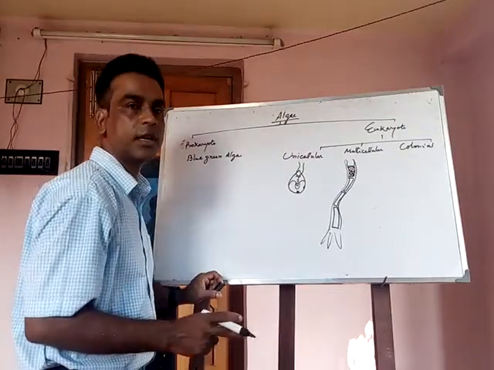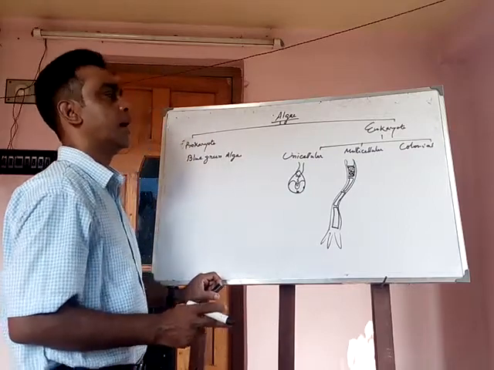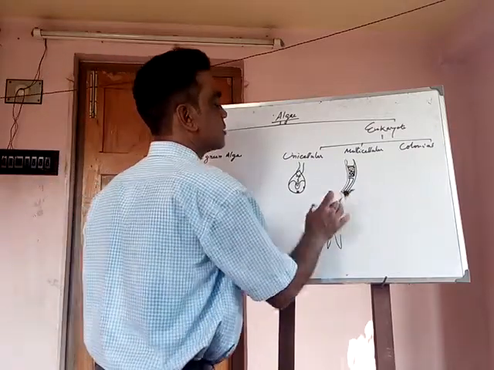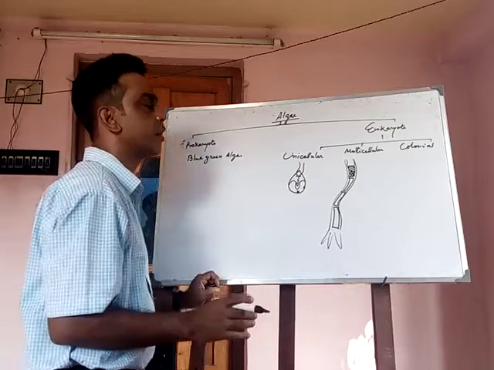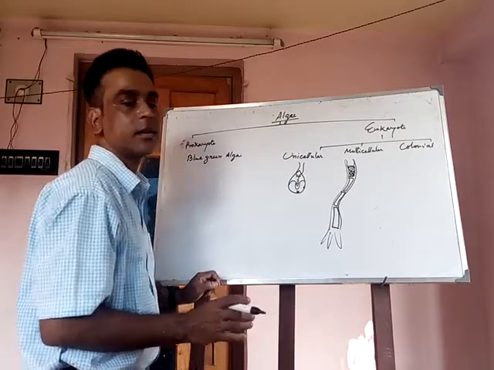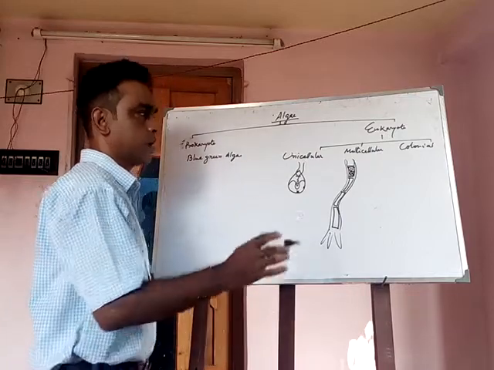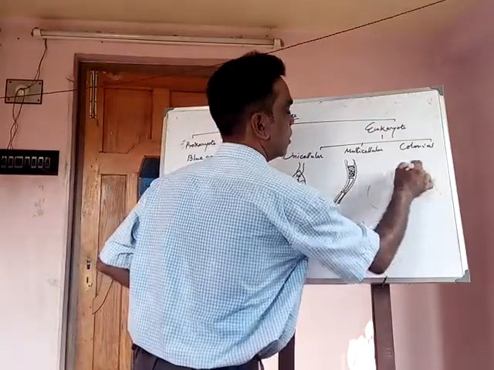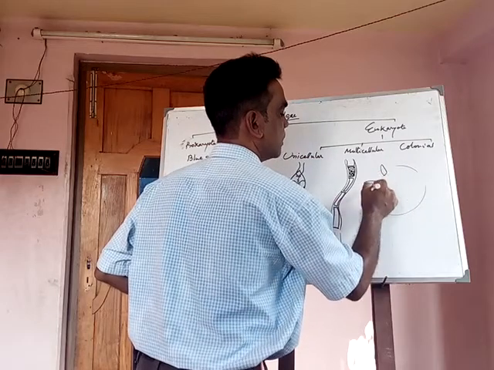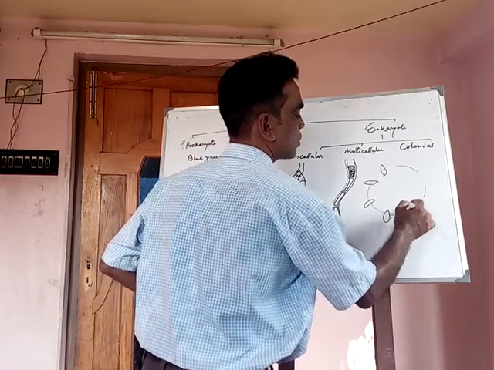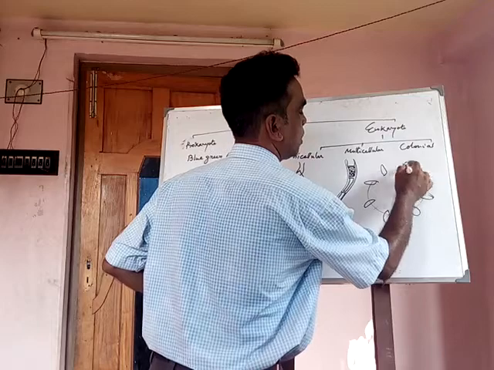It is called the primordial utricle, and it is the filamentous type. It can fragment and produce daughter algae. Now another type is the colonial algae, that is Volvox, the colony.